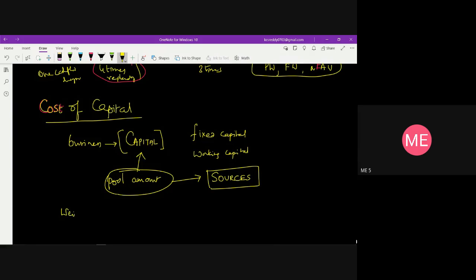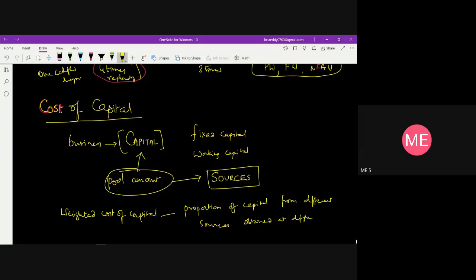It is a proportion of capital from various sources obtained at different costs, different rates of interest.